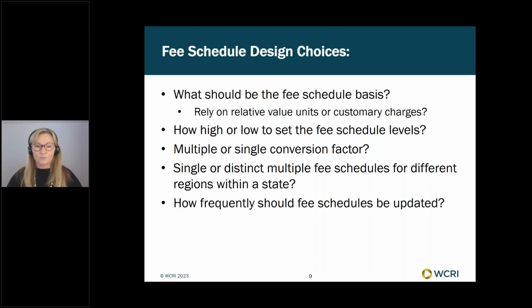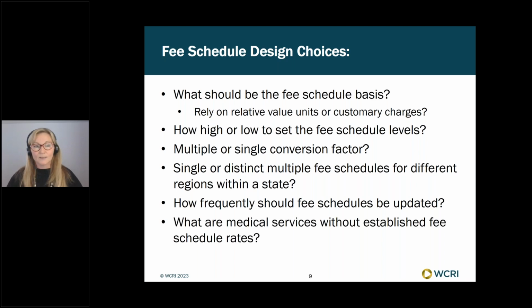Also, an important consideration is how frequently the fee schedule should be updated and how. And again, it's also important to be aware of the medical services that are not subject to fee schedules or do not have assigned established fee schedule rates.